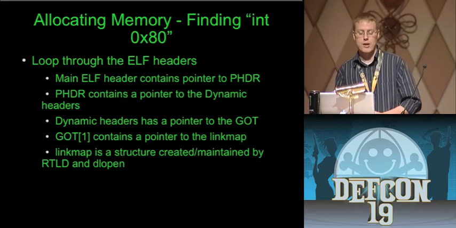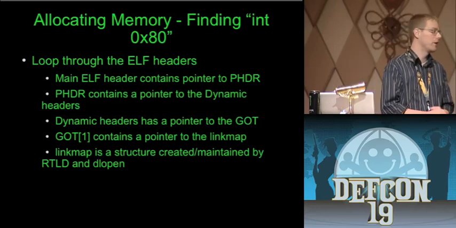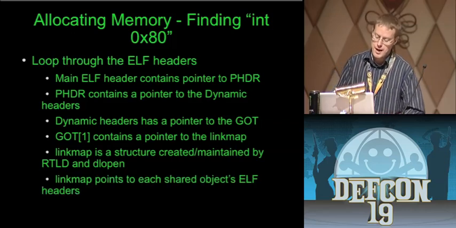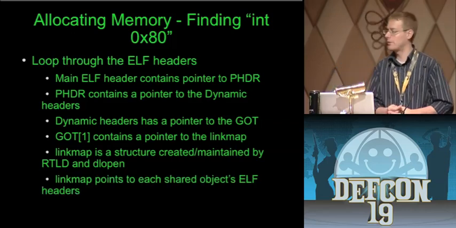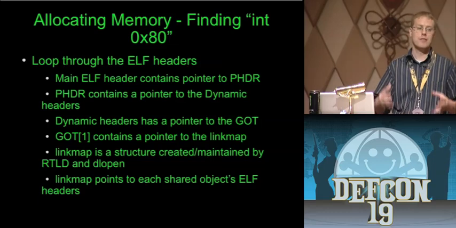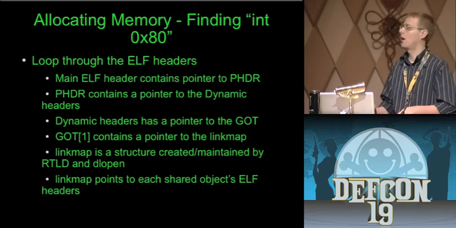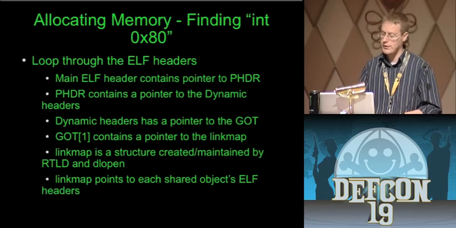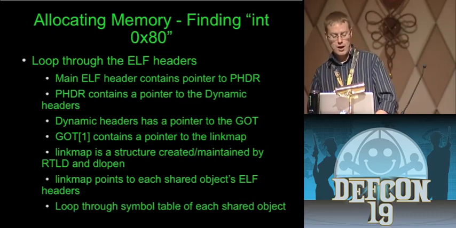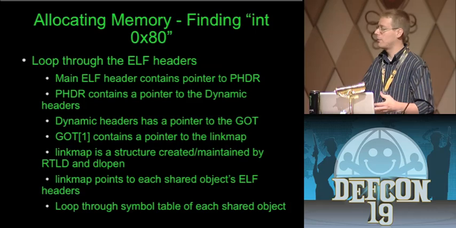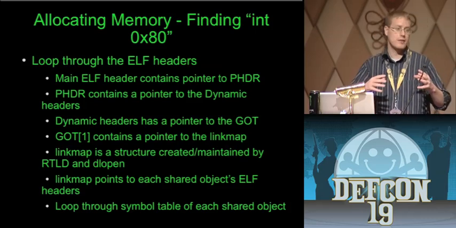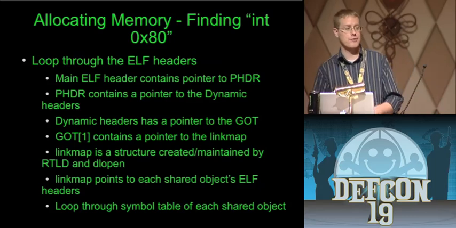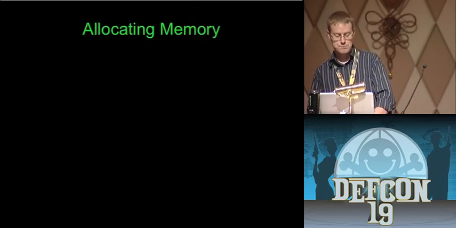The link map is a structure created and maintained by the runtime linker and dlopen. The link map points to each shared object's ELF headers. So every single shared object, every single object file, your program, its dependencies have ELF headers, and the ELF headers contain a symbol table, and a symbol table is basically all the functions, all the global variables, all that kind of stuff that gets loaded in memory.